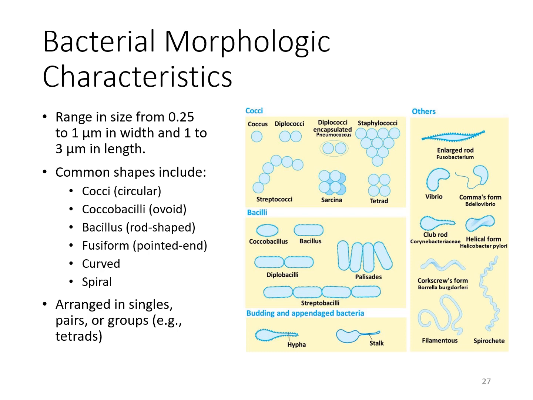A fusiform, which is pointed on the ends. You can have them have a bit of a curved shape to them, or they can have a spiral shape to them. They can also be arranged in singles, pairs, groups, so you could have tetrads. So if you look at the image here, you can see some of your cocci where you've got just a single one versus a diplococci, which are two.